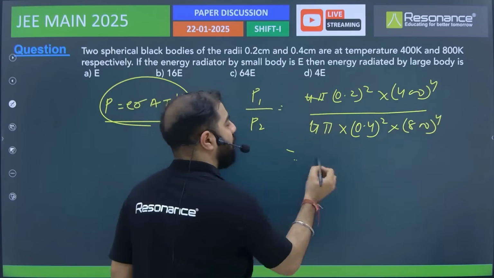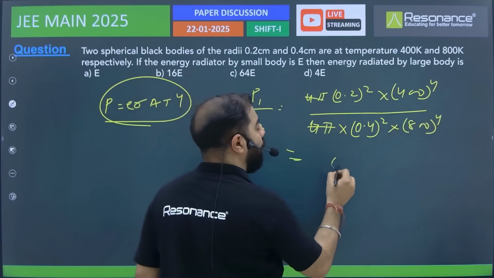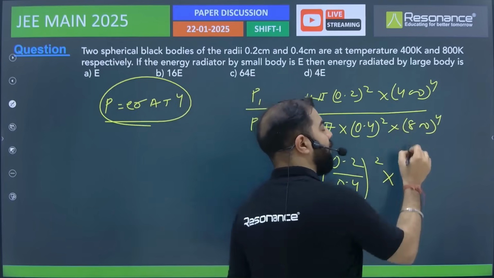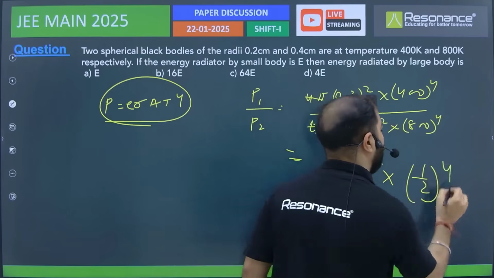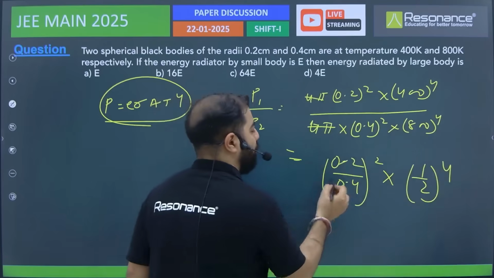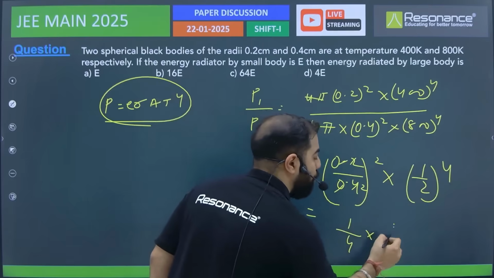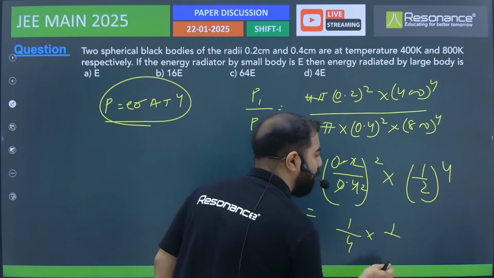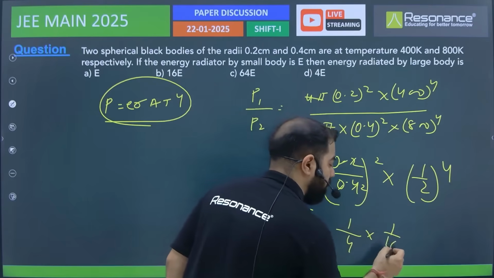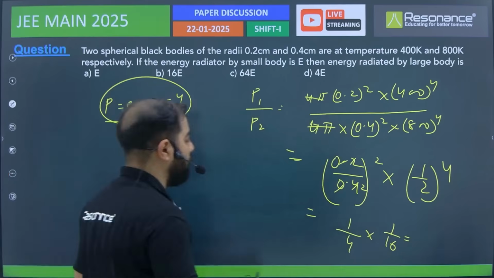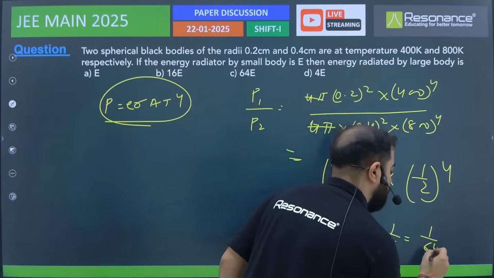4 pi cancels. 0.2 by 0.4 to the power 2 into 400 by 800, how much will that be? Half to the power 4. So 0.2 cancels. This is 1 by 4 into 1 by 2 to the power 4, how much will it be? 16, right? 16 times 4, 1 by 64.